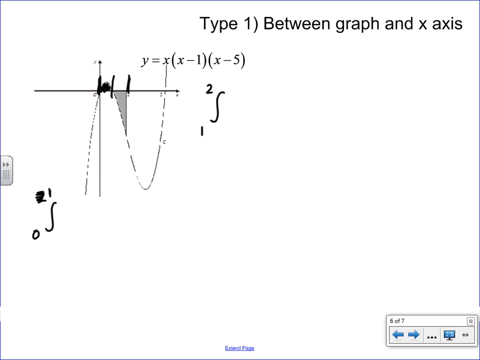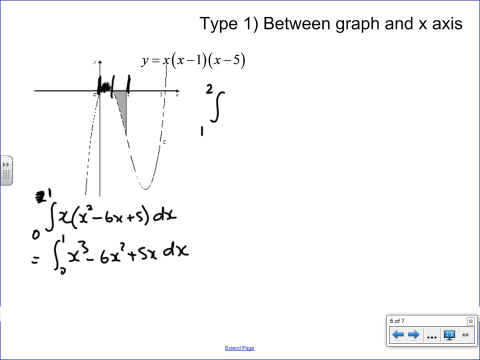So we're doing x squared minus 6x plus 5, that needs expanding out again, doesn't it? It equals the integral from 0 to 1 of x cubed minus 6x squared plus 5x. So now I'm ready to integrate.